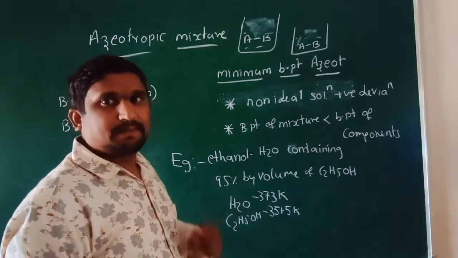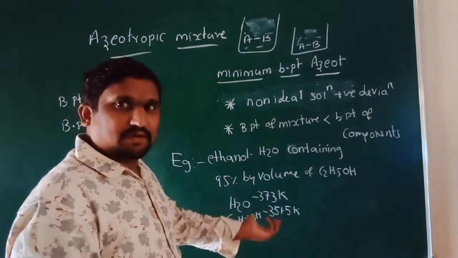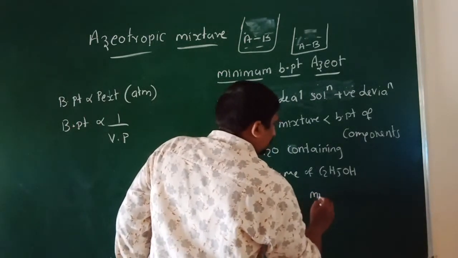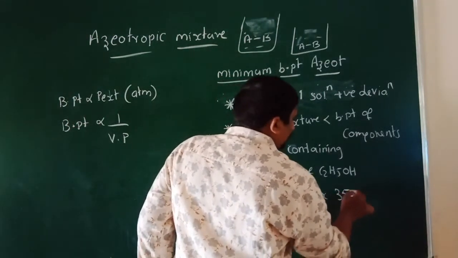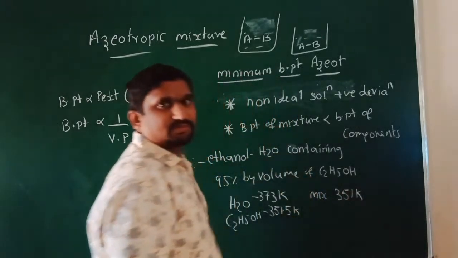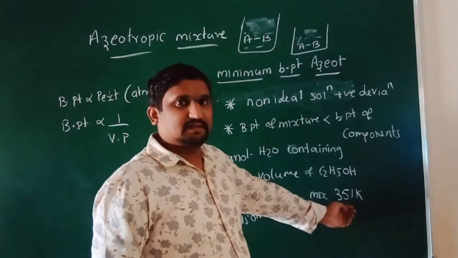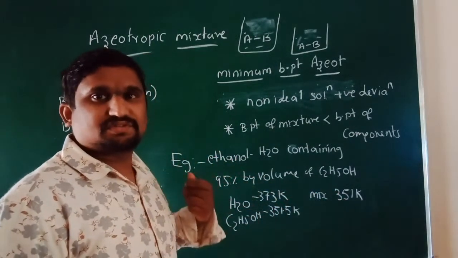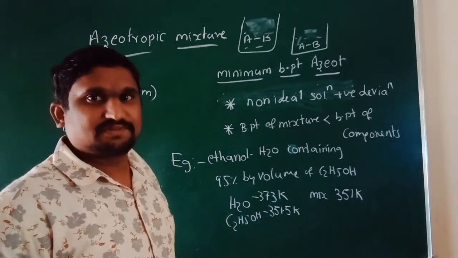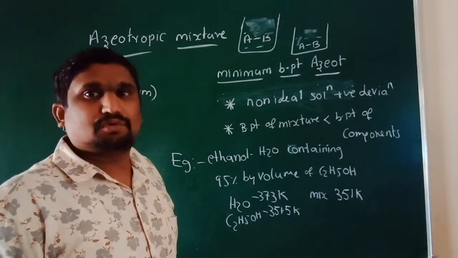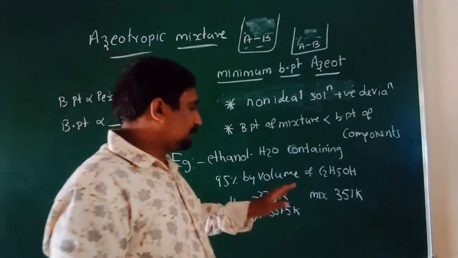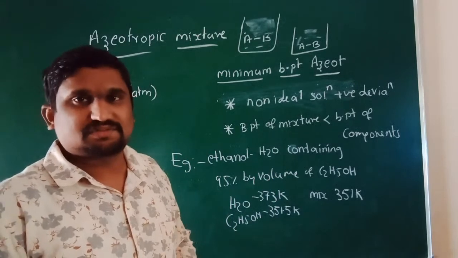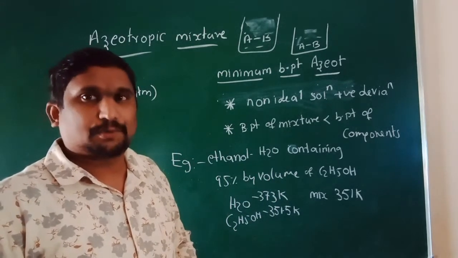Whereas the azeotropic mixture, this ethanol water mixture, has a boiling point of 351 Kelvin. Hence you can see clearly that the boiling point of the mixture is less than the boiling point of its components. Therefore it is called the minimum boiling point azeotropic mixture.